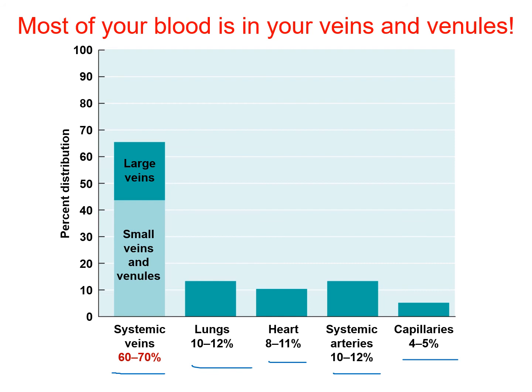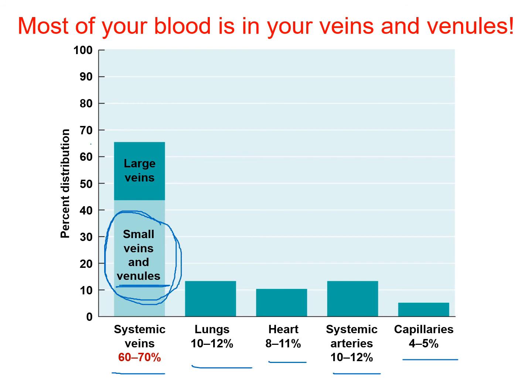The veins, capillaries, arteries. You'll note that the vast majority of blood in your body at this very moment lies in the large veins and in small veins, and actually here's venules. We didn't see that. In fact, a lot of the blood is in the small veins and small venules.